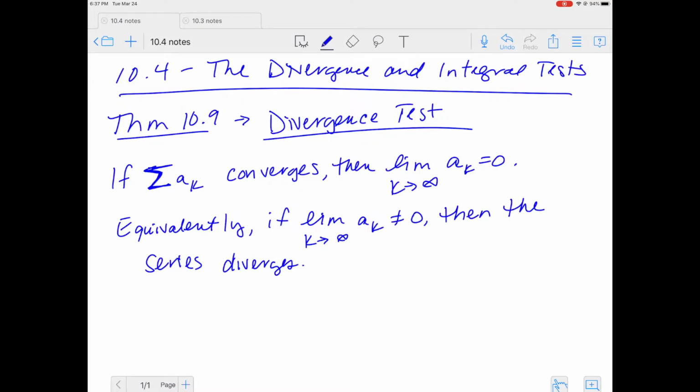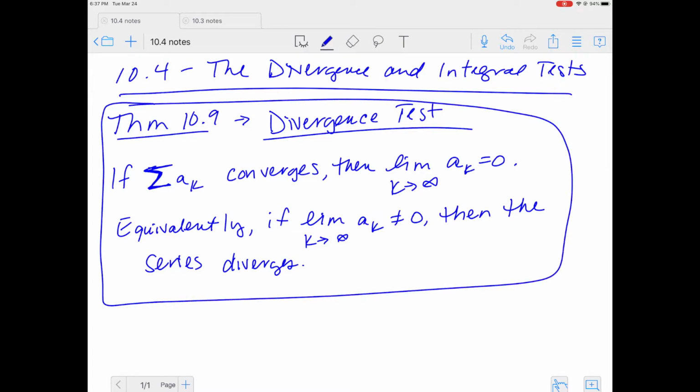Now here's a real big deal when it comes to the divergence test, all right? The only thing that you can conclude from the divergence test is if it diverges. Does it anywhere say if blah, blah, blah, then converges?